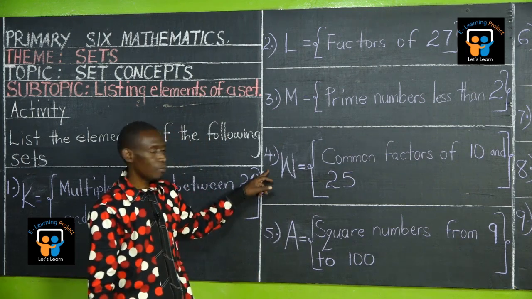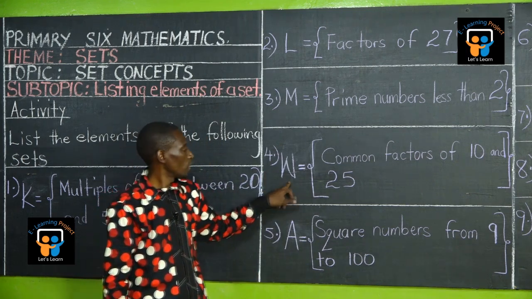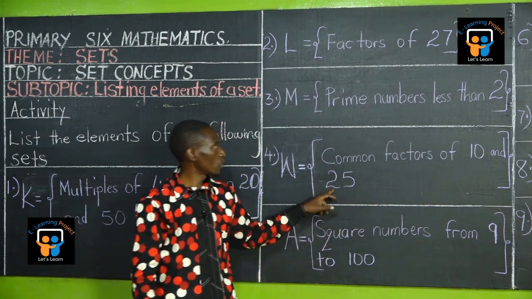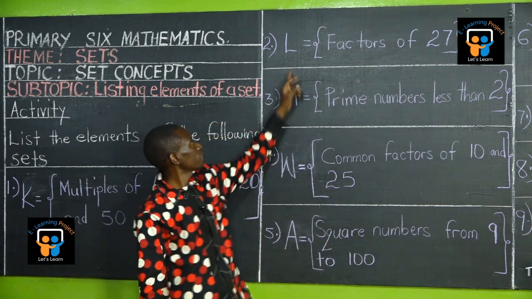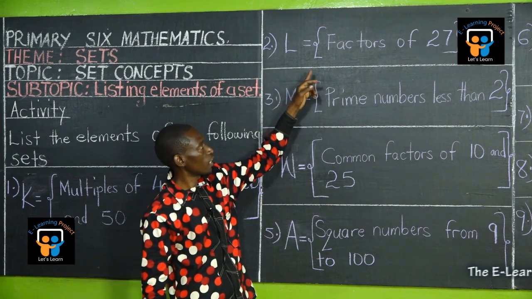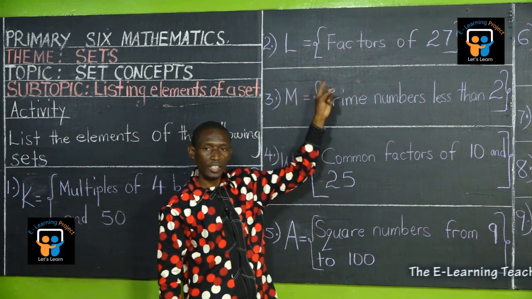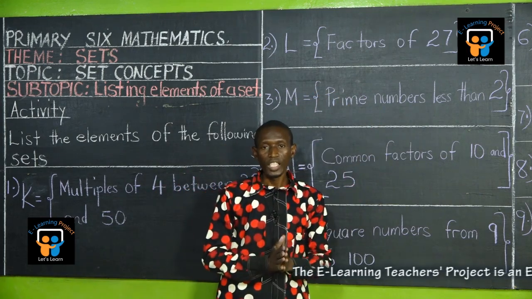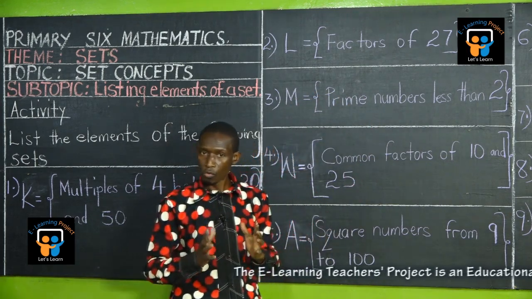You come to number 4. Set W equals common factors of 10 and 25. Remember in number 2, set L, we are not talking about common factors because the number given is just 27. It will be with its own factors.